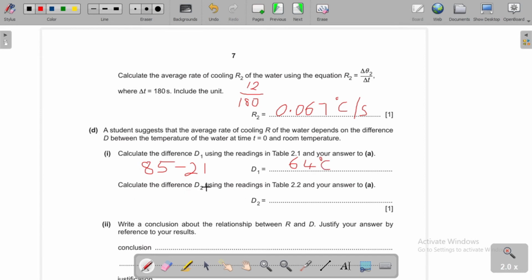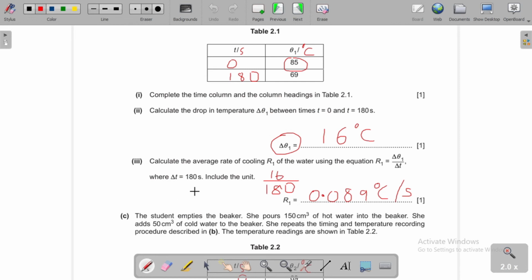The second one, calculate difference D2 using your readings in table 2.2. We know our room temperature to be 21. Let's look at the temperature at time t equals 0 for the second one.